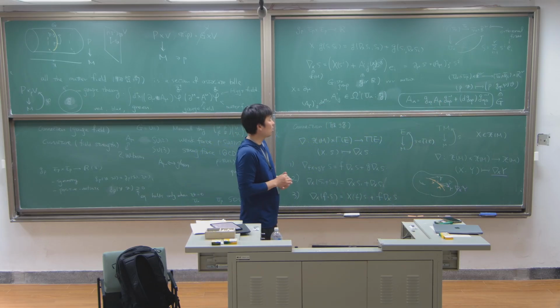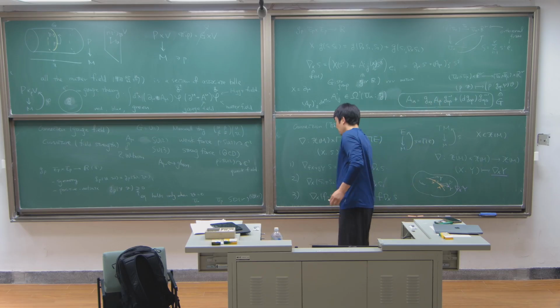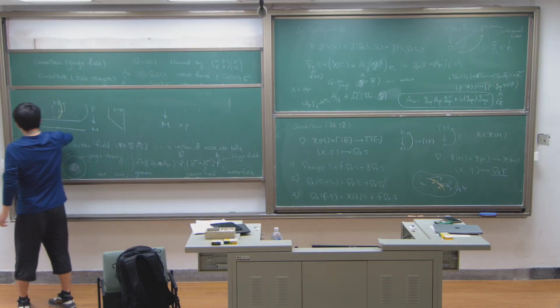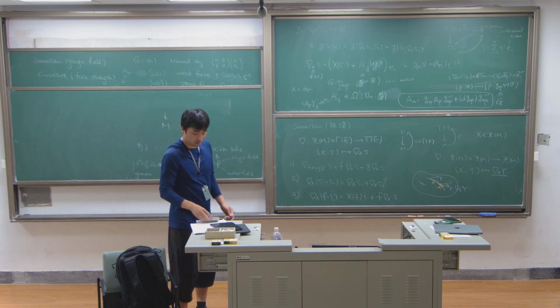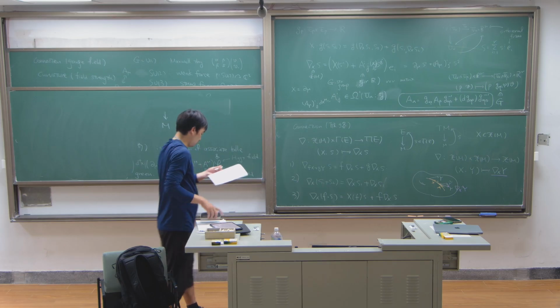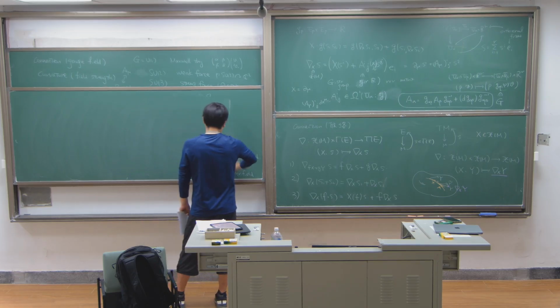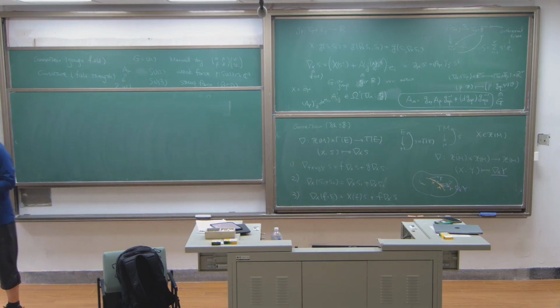That's how it is mapped. So this is a connection in U alpha. This is the connection in U beta. Okay, so that's the connection.